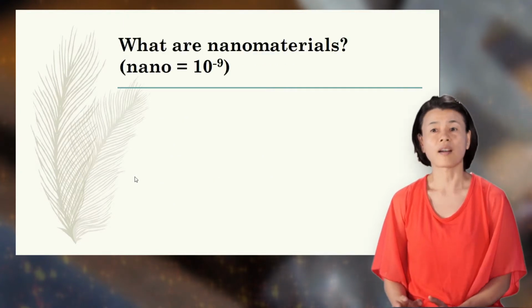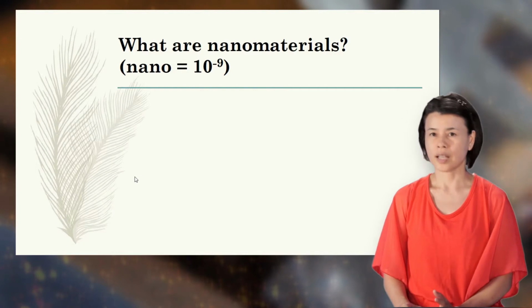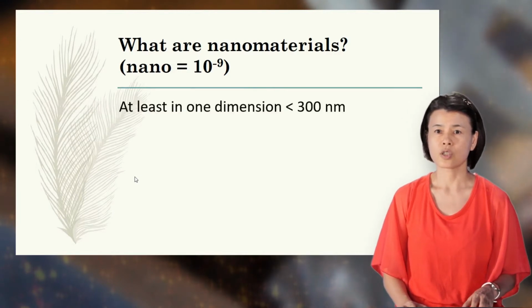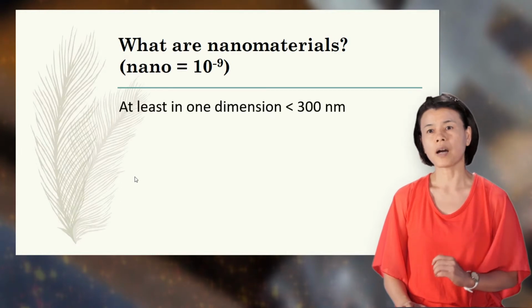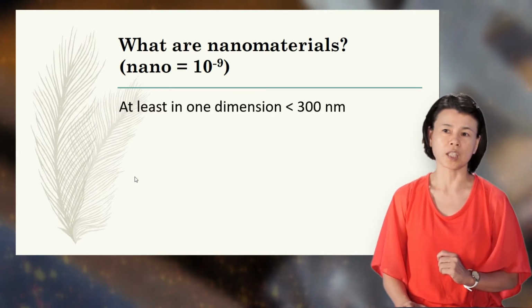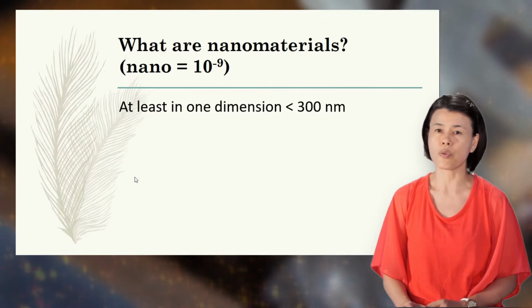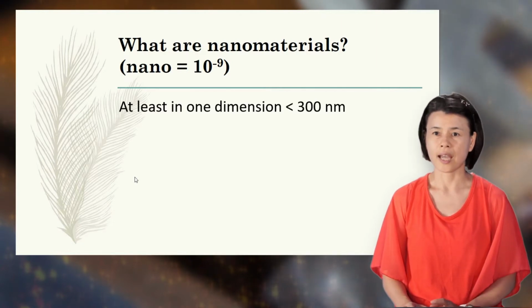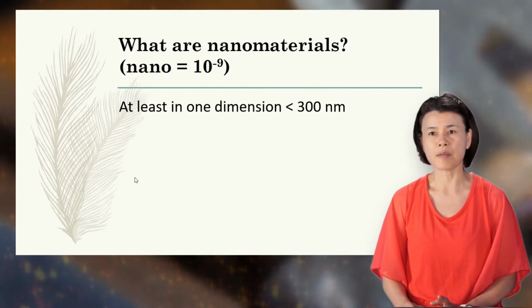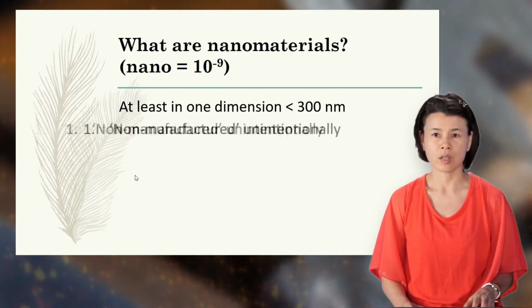Alright, what are nanomaterials? Nano means 10 to the power of -9. So, when we talk about nanomaterials, at least one dimension of the material should be less than 300 nanometers at the nanoscale. Theoretically, there are two types of nanomaterials.